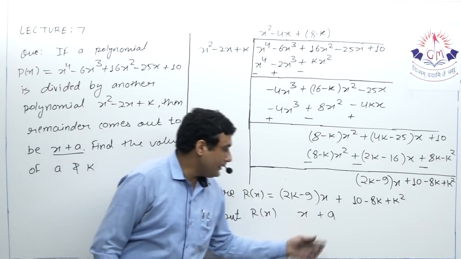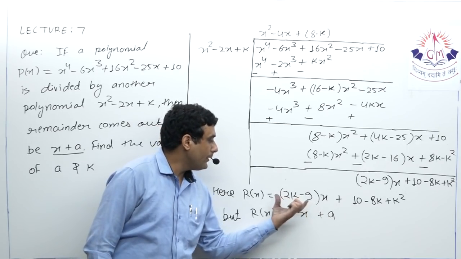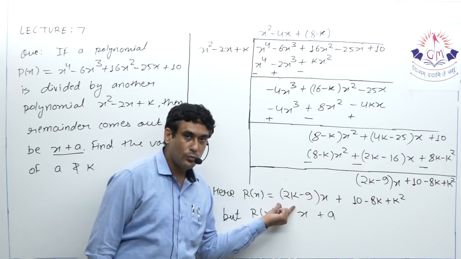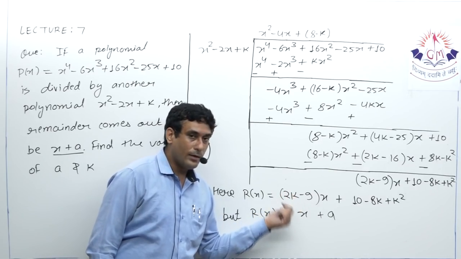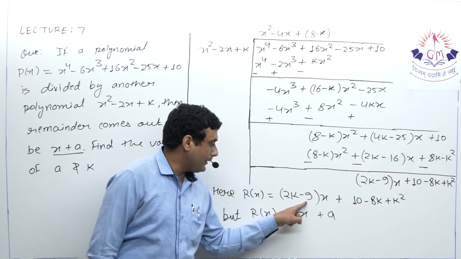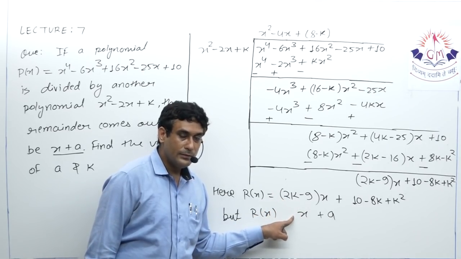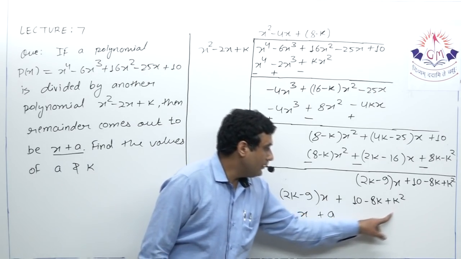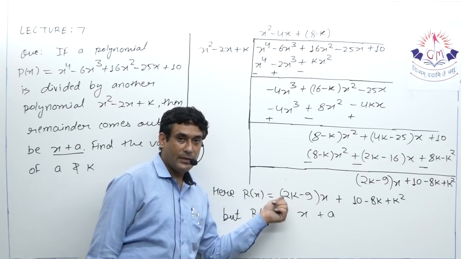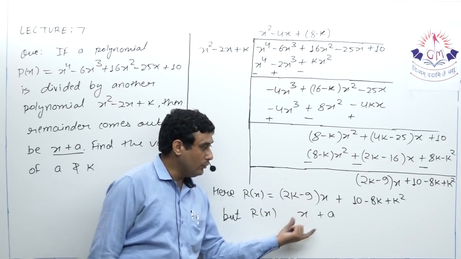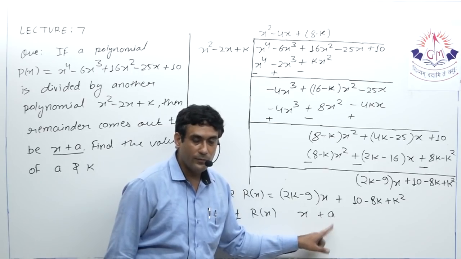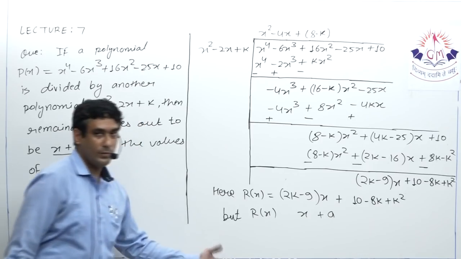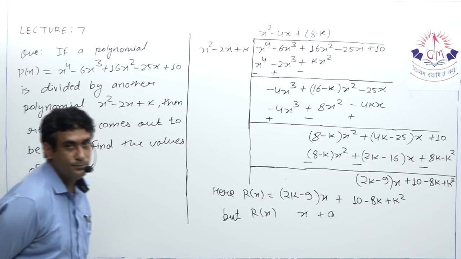Now if I compare these two remainders, here the coefficient of x is 1 and here the coefficient of x is 2k minus 9. Now these two are the same, which means 2k minus 9 must be equal to 1. This gives you the value of k, and a must be equal to the constant term. When I put the value of k, which I will get by equating these two, over here, I get the value of a. Okay, so note it down, then I will give you the remaining steps of the solution.